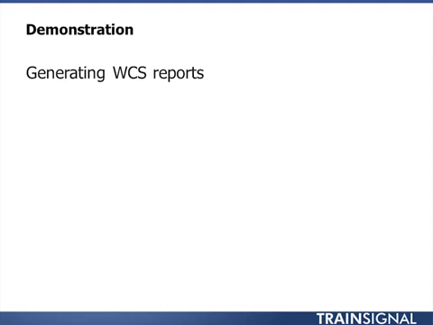So to finish up this lesson, I want to take a closer look at the wireless control system and show you the kinds of reports that can be generated. In fact, we're going to generate a report so you can see how it's generated, the kind of information you can put in a report, how you can customize those reports, and also how those reports not only show data but show pie charts, etc.